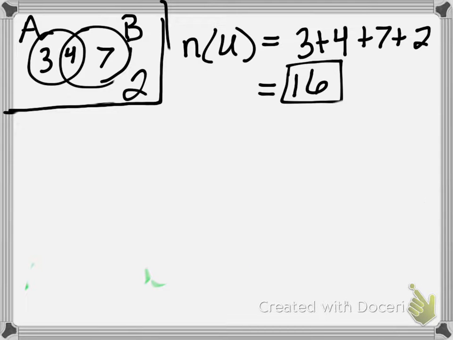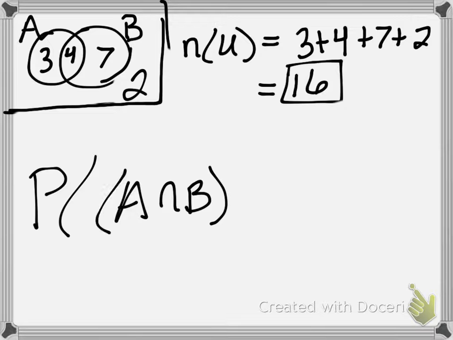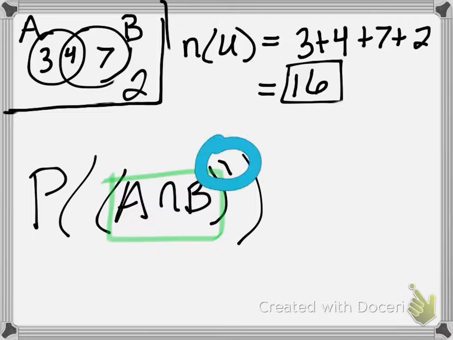Now, with the not symbol, it can get a little bit complicated because we can also find the probability of two things happening, and then outside those parentheses, we put the not. So basically, all we're going to do is focus just on what's in the parentheses, and then we're going to not and do the opposite of it. So in this case, what's the probability of A and B happening, of both of them?